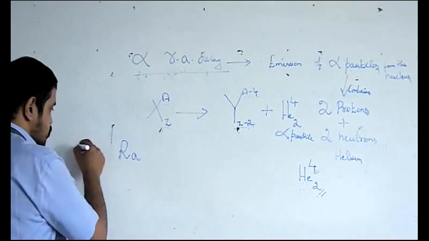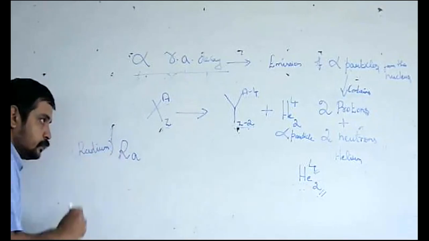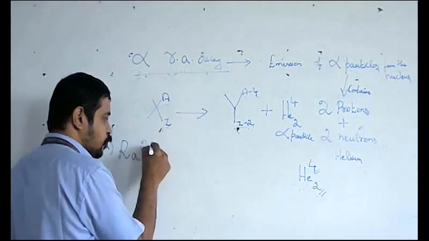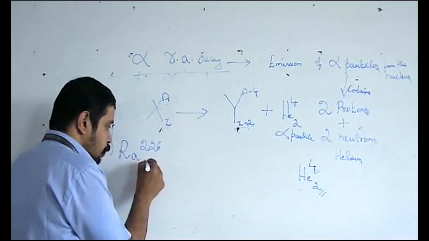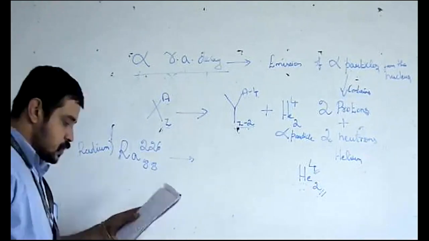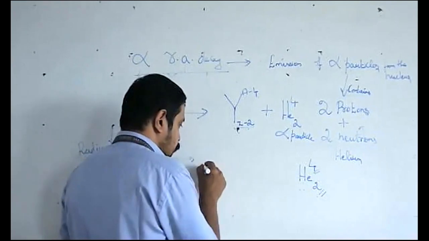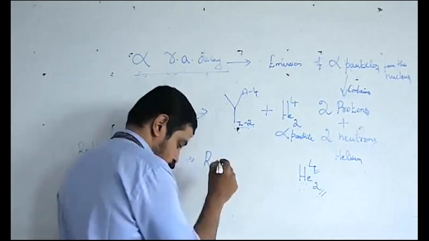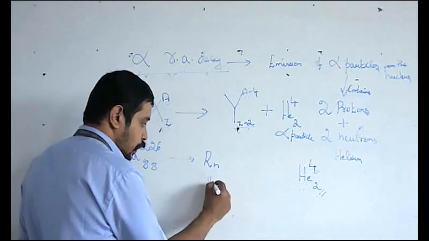Ra, which is nothing but radium. Radium has the mass number of 226 and it has the atomic number of 88. So this is going to undergo alpha radioactive decay. So it is converted to radon.